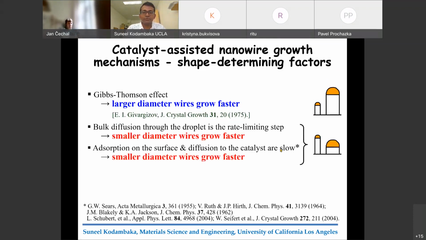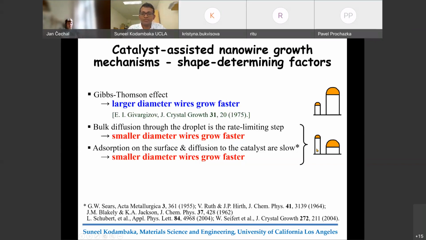If the diffusion through the droplet plays any role in how fast the nanowires grow, then for the larger diameter droplets it takes a longer time to diffuse through, and hence the smaller diameter wires are expected to grow faster.